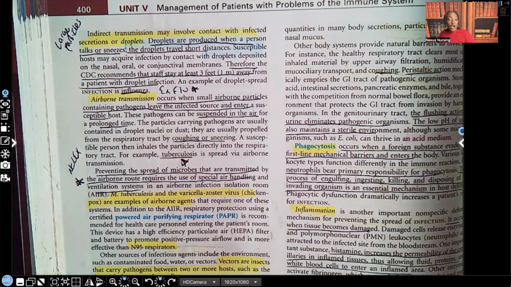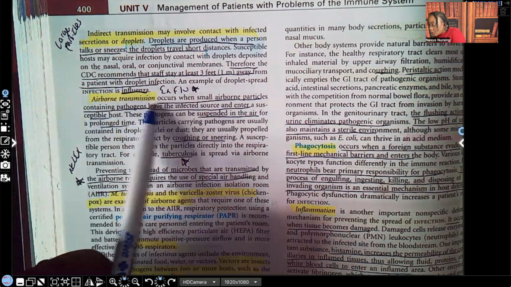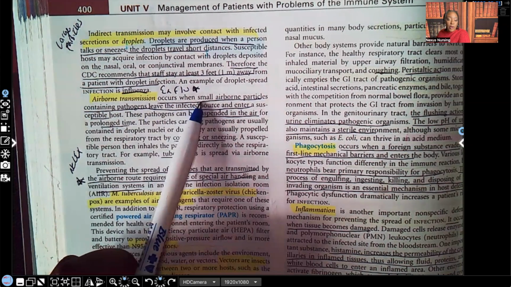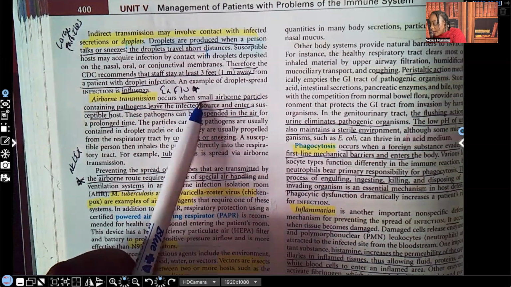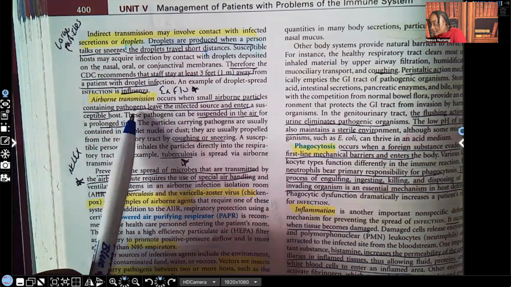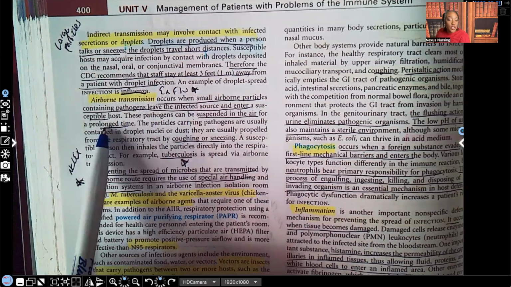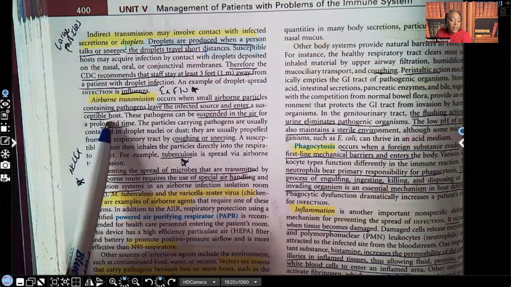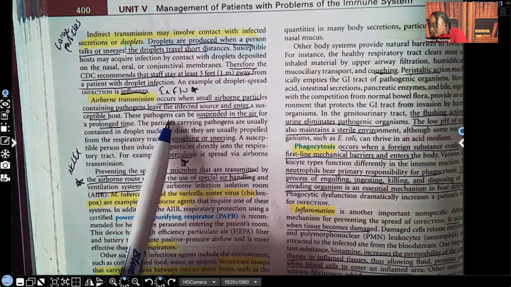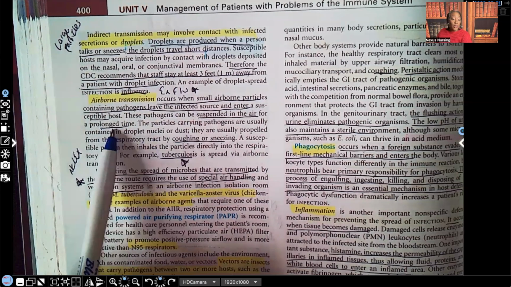Now let's talk about airborne. Airborne transmission occurs when small airborne particles, and when I say small, I'm talking about less than that 5 millimeters, containing pathogens leave the infected source and enter a susceptible host. These pathogens can be suspended in the air for a prolonged amount of time.